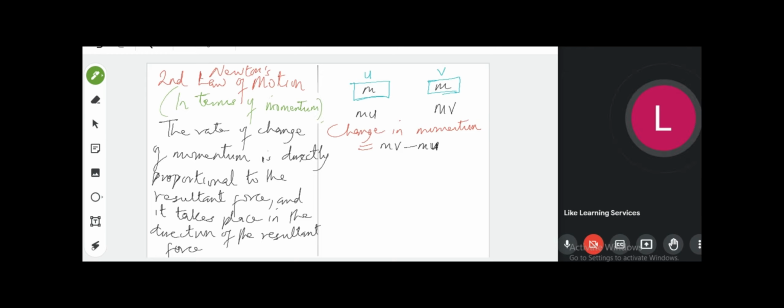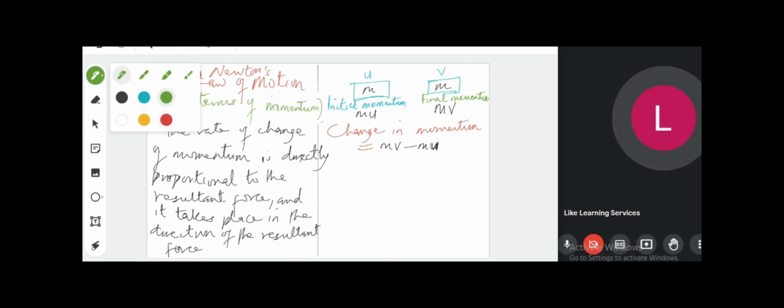This first one is initial momentum, while this second one is final momentum. So initial momentum mu, final momentum mv, change in momentum, the difference, which is mv minus mu. That's for change in momentum.